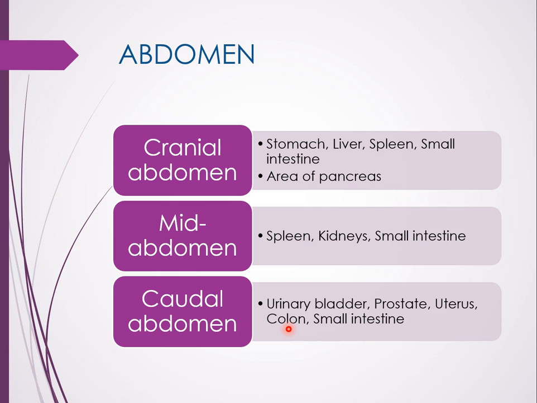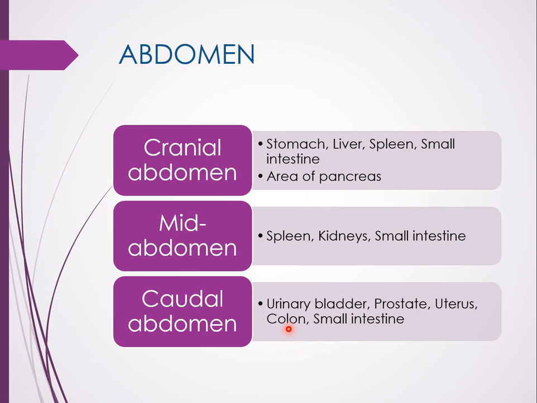All right. The cranial abdomen, what can you palpate? If you're good, you can actually get the stomach, liver, spleen, and some degree of small intestine. You should be able to identify that this area is where the pancreas belongs. Usually if your patient has some pancreas issue, pancreatitis, it will be super painful and you won't be able to touch the cranial abdomen at all.